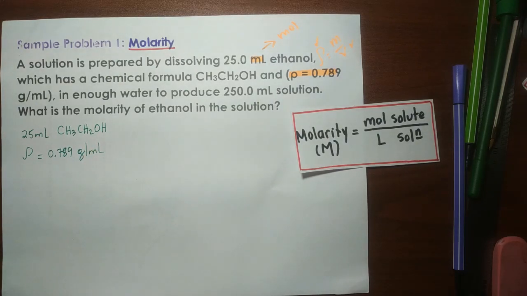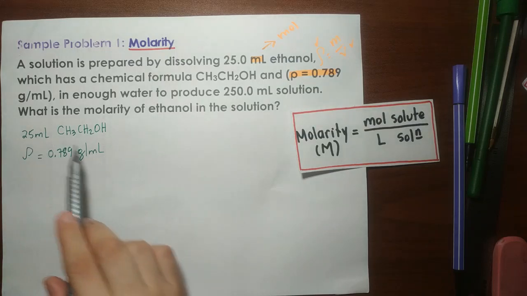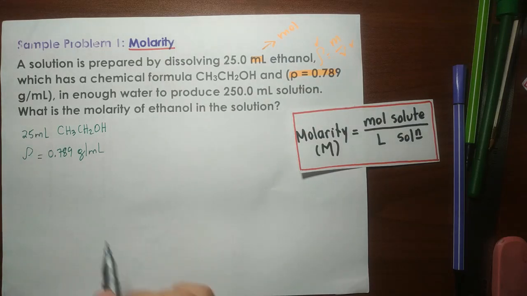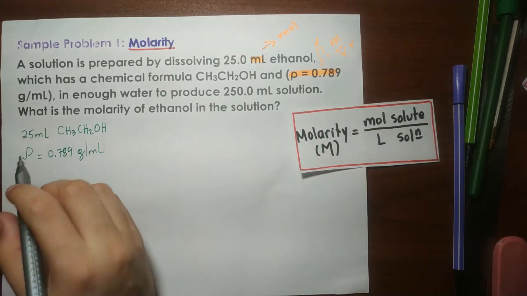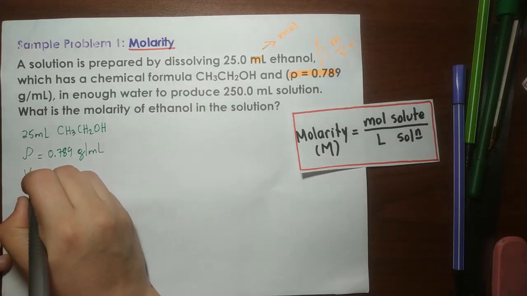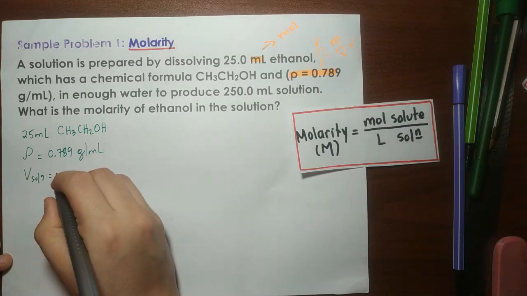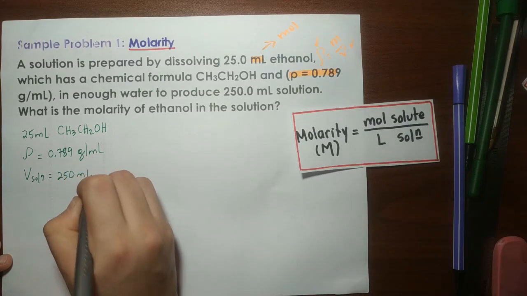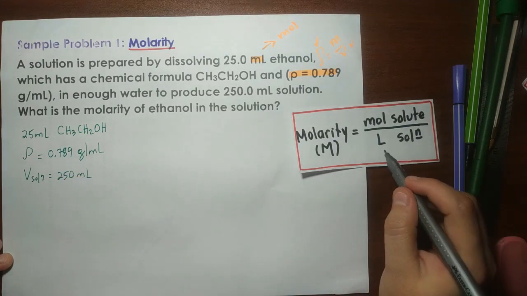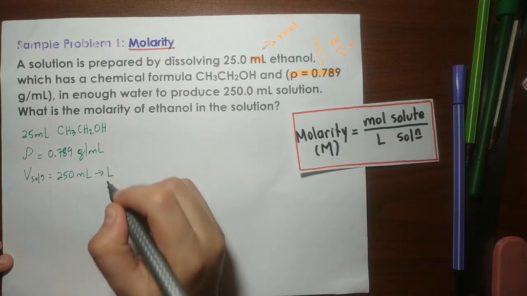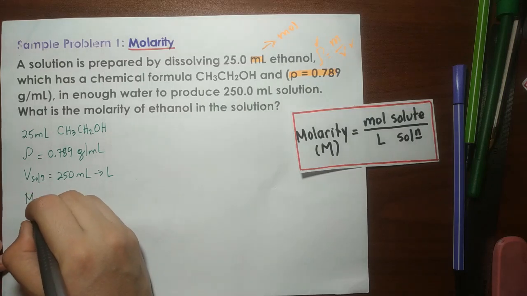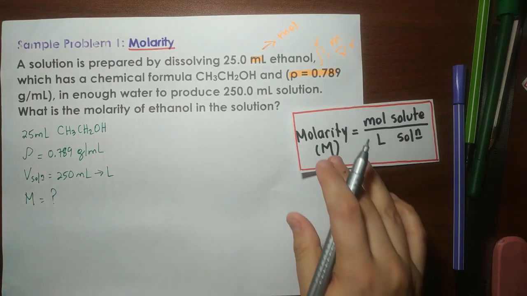Now take a look. I'm not going to convert yet. And enough water to produce the volume of solution, which is 250 milliliters, but according to the formula I need it to be in liters, so I need to perform this calculation, and they're asking me to find molarity.